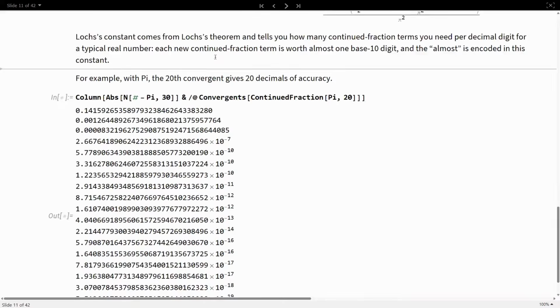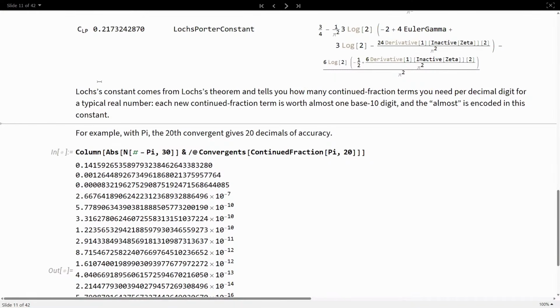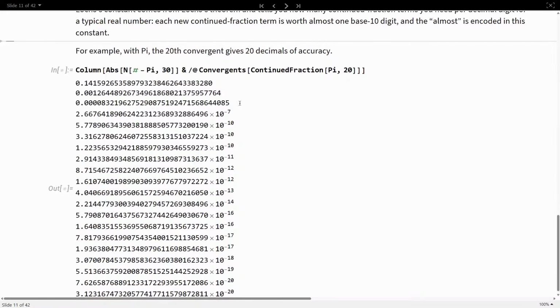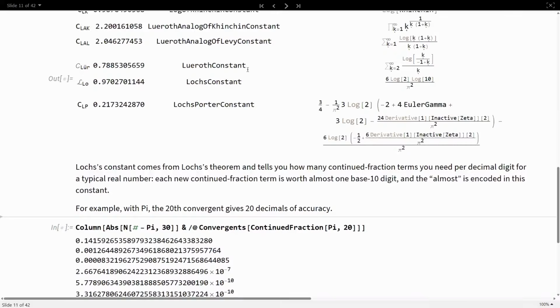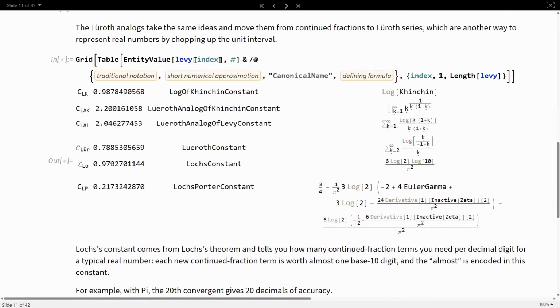Let's see, the Lochs constant, if we want to get a number of continued fraction terms that will give us enough decimal places, the number of terms you need is basically based on Lochs's constant. It's almost 0.097.